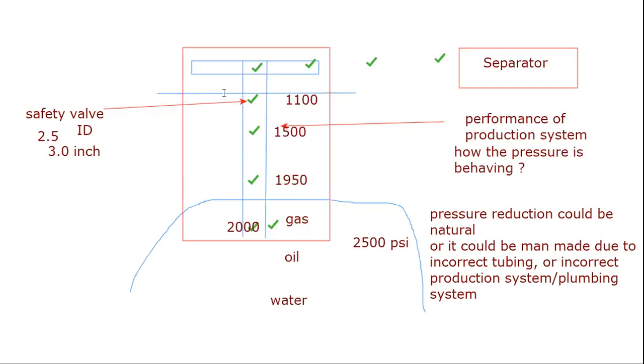Now, what is the exact size of safety valve you should put? 2.5, 3 inch, 4 inch, 5 inch, 6 inch. What exactly? This is your job to find out, so that the minimum pressure loss occurs. So how do we relate this pressure loss with the size of the equipment? This is the biggest question right now.